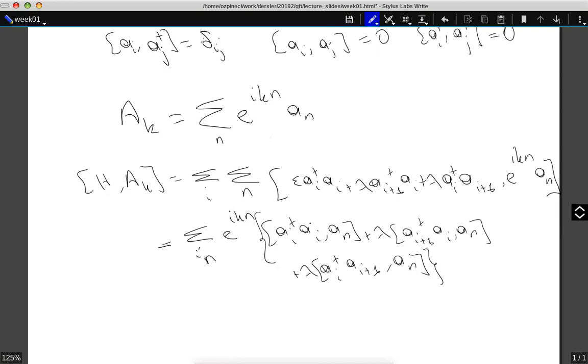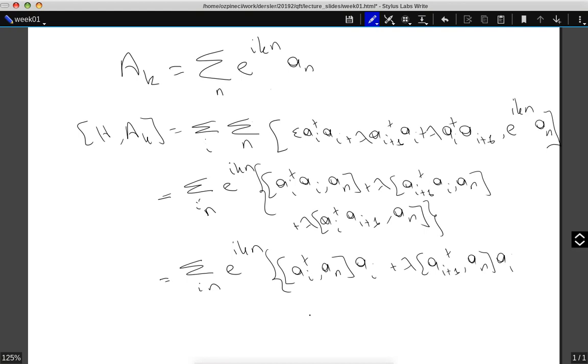Well, these annihilation operators themselves commute with each other, so I can just take them out of the commutator. So I get the commutators of A_i dagger with a_n, A_{i+1} dagger with a_n, and A_i dagger with a_n again, multiplied by the appropriate annihilation operators.